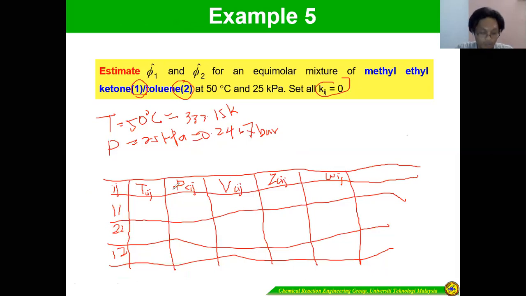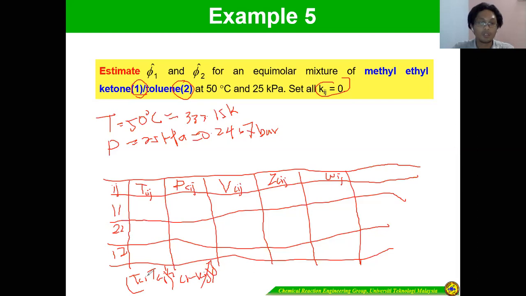TCij in the equation is equal to TCi times TCj, to the power of half, times 1 minus Kij, but this one equals 0. This is TCij.